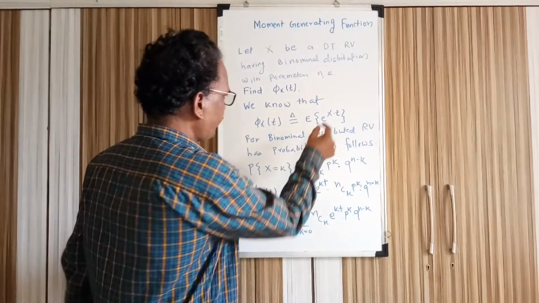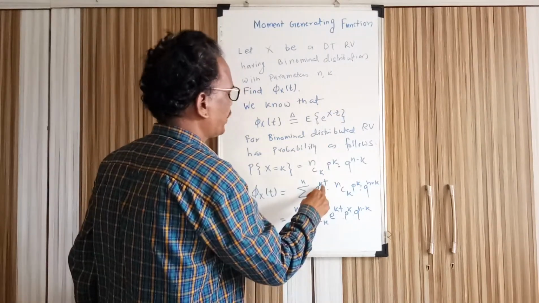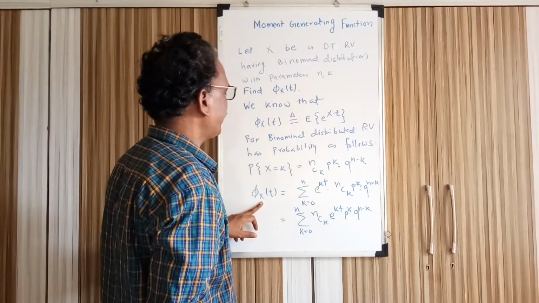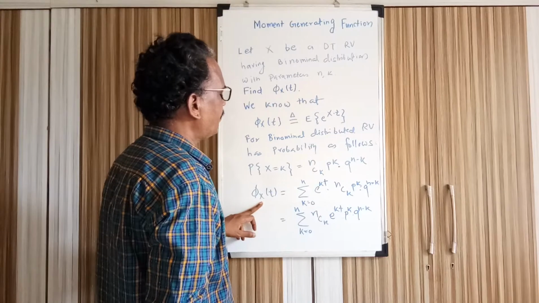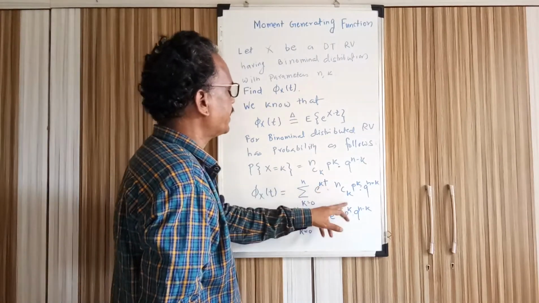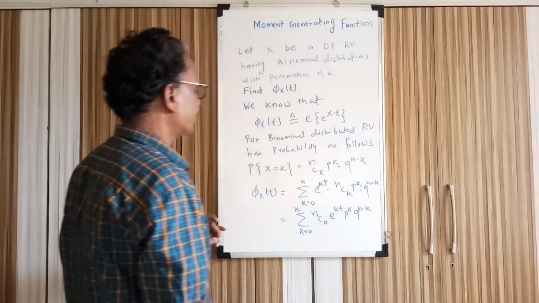So instead of the function of x, we have e to the power xt, with x taking value k.